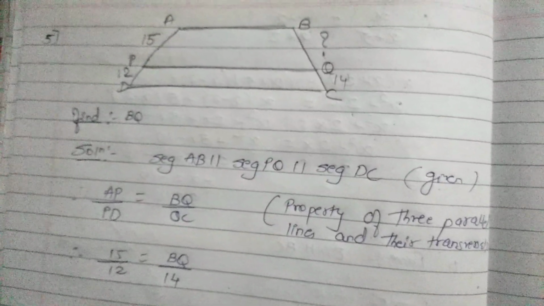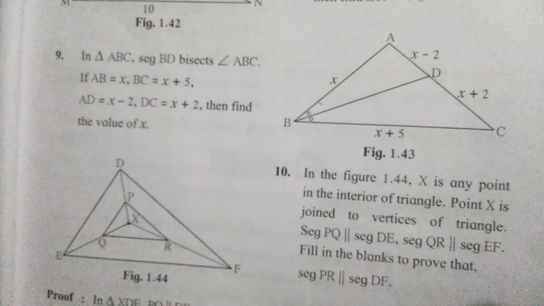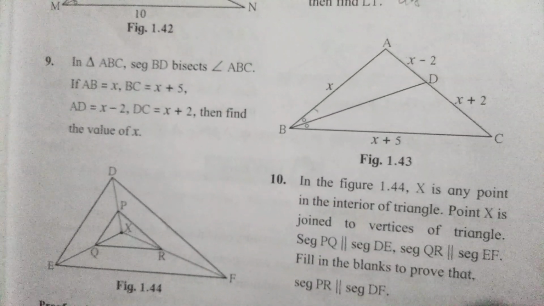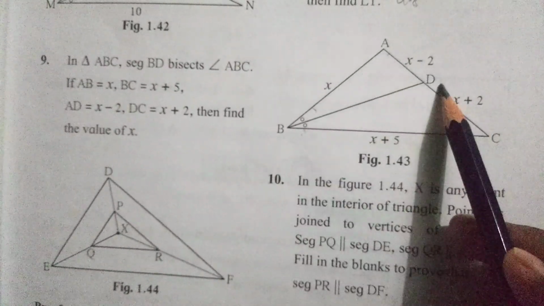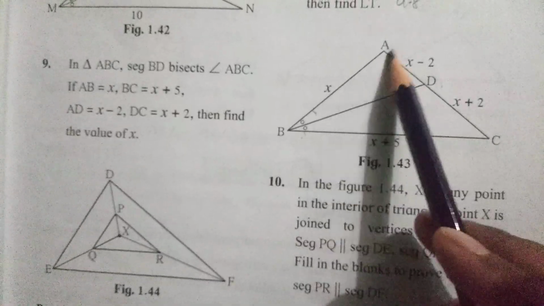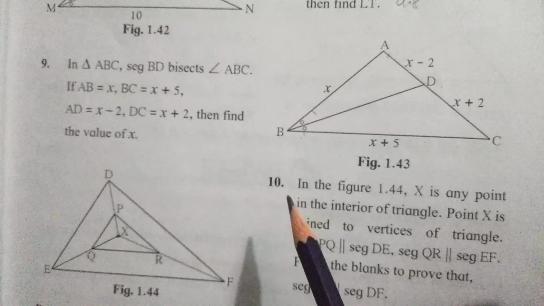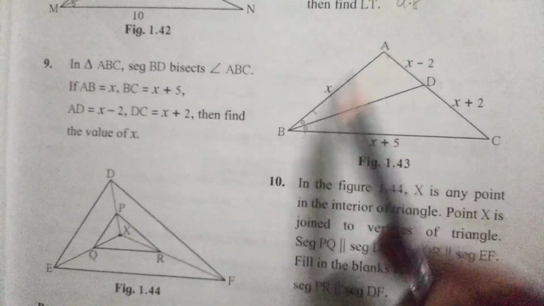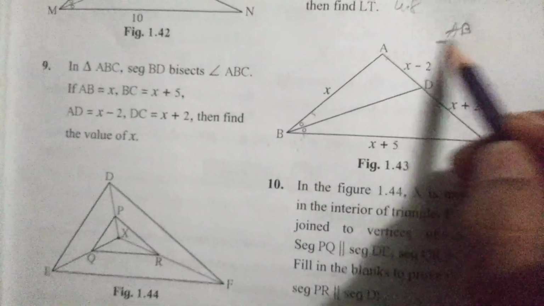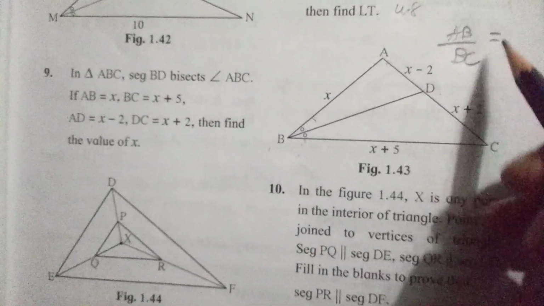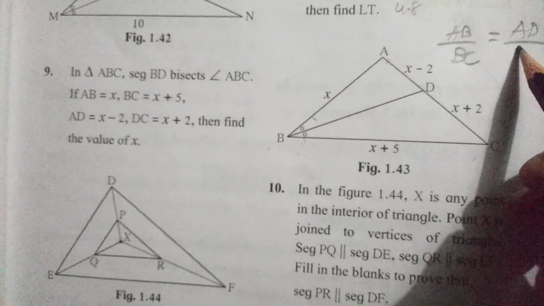So sum number 5 and 7 are similar. Sum number 9, in triangle ABC, segment BD is the angle bisector of angle ABC. So it divides the sides: AB upon BC equals AD upon CD.